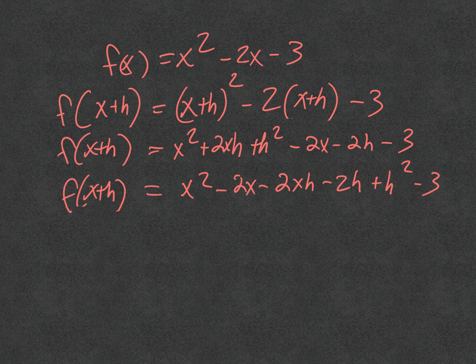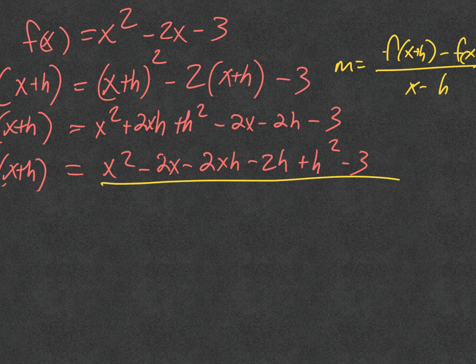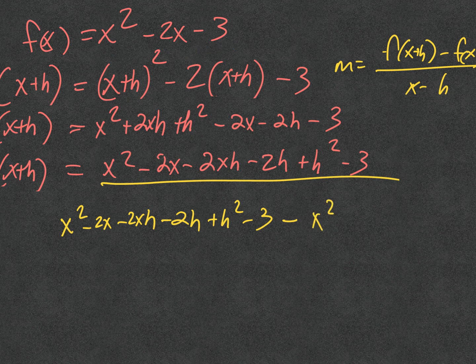What else is in the numerator for my slope? All right, because I said my slope was f of x plus h minus f of x over h, or in my case, it would be f of x plus h, which is this, minus f of x. So minus, up here's the f of x function, minus x squared. It's minus a minus, so it's going to be plus 2x. Minus a minus, so it'll be plus 3.